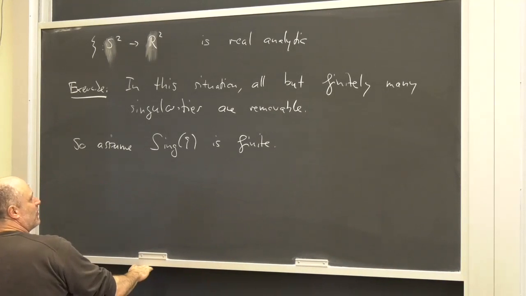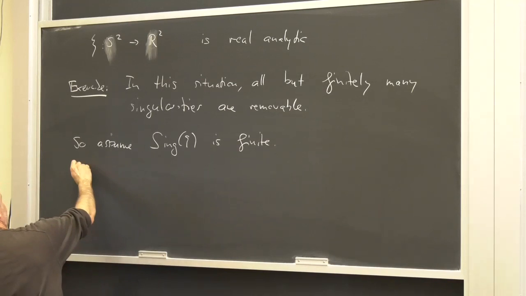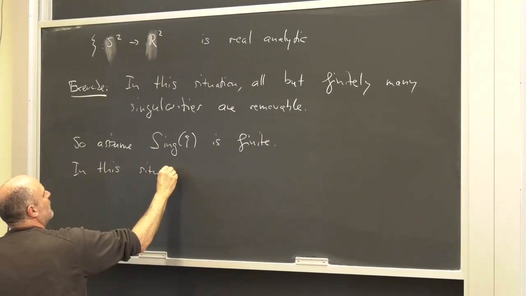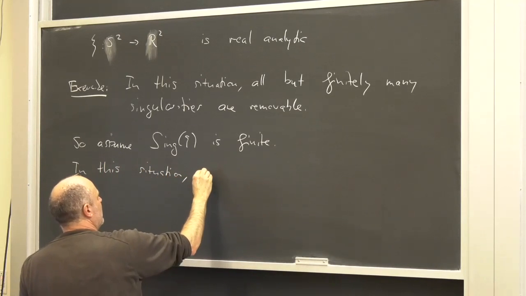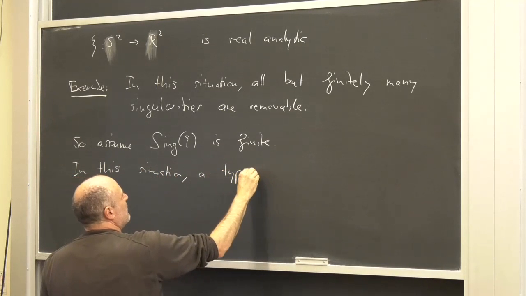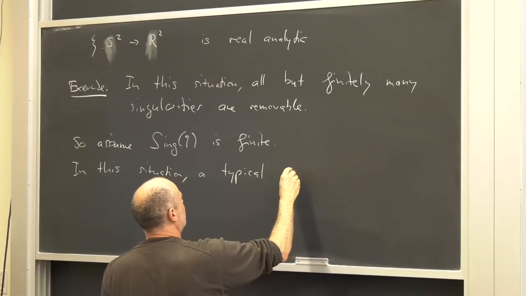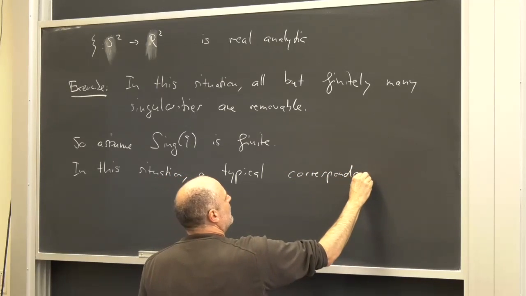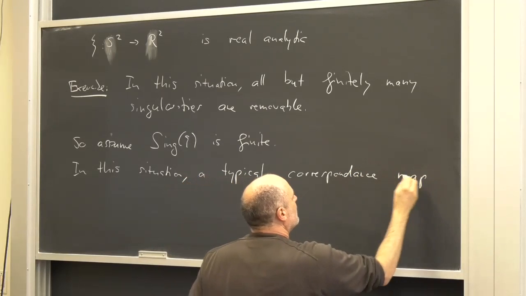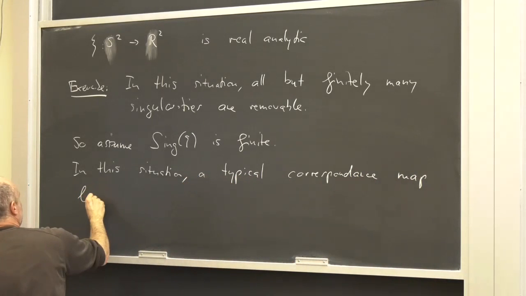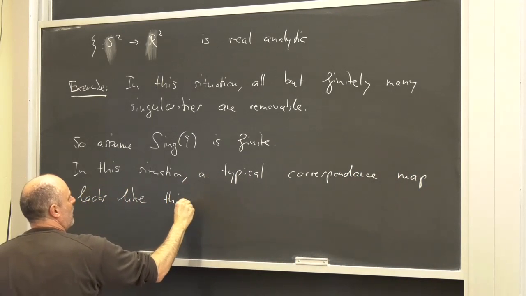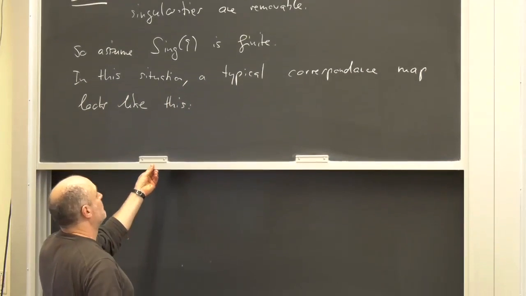So let's just draw a picture again to fix the ideas, right? So in this situation, a typical, and I will explain a bit more what I mean by that, correspondence map looks like this. Okay.